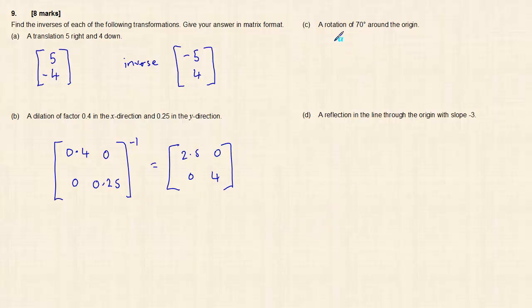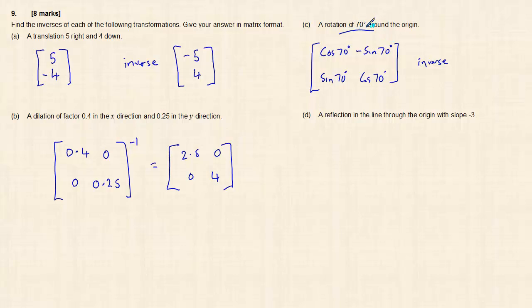A rotation of 70 degrees around the origin. Well, we know the original matrix for that is going to be cos 70, negative sine 70, sine 70, cos 70. Well, the inverse is just going to be to rotate back 70 degrees.